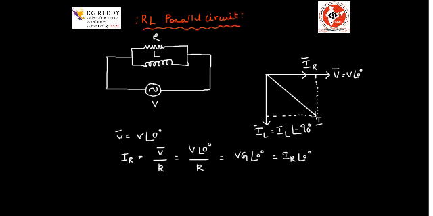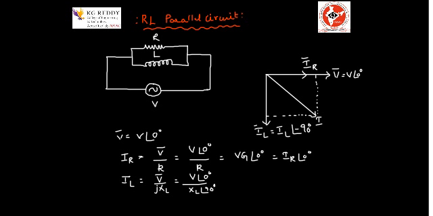At the same time, if you see the current through the inductor, that is IL, we can write V bar by jXL, j into XL. That equals V at an angle 0 degrees by XL at an angle 90 degrees.